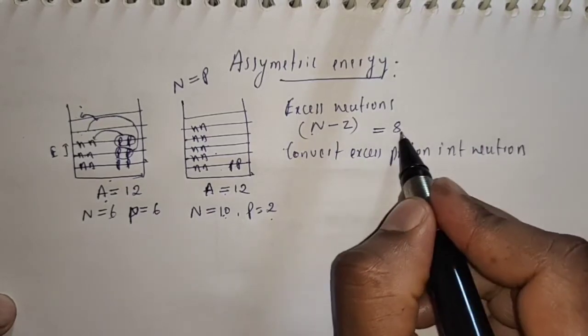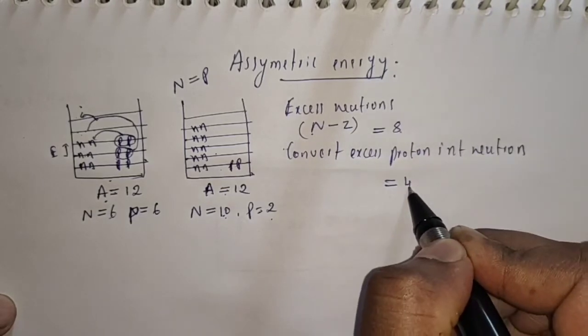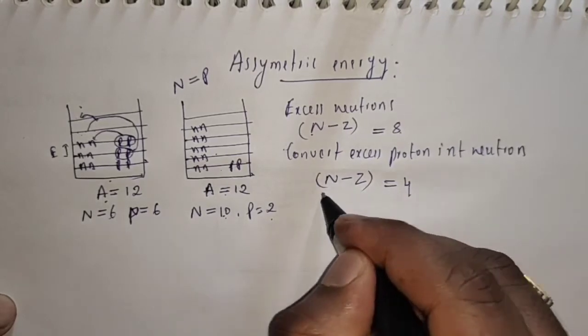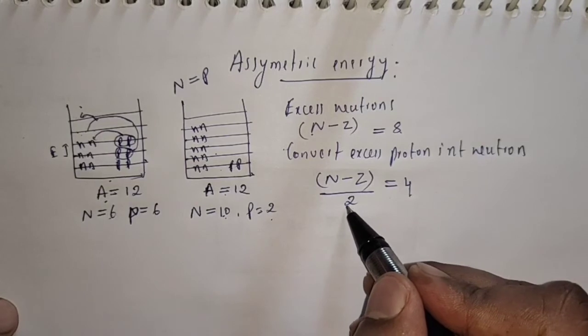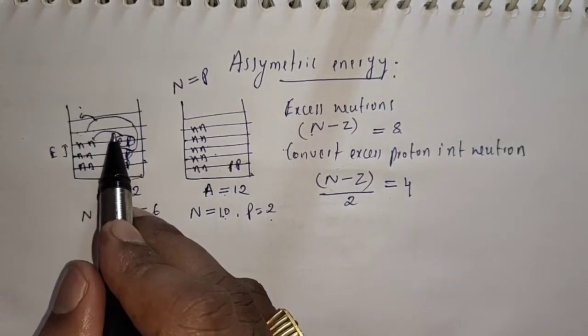Here, using this equation, we can write that we need to convert 4 protons into neutrons. So we can write it from this equation as (N minus Z) divided by 2. This is the number of excess neutrons which are required to be created in this nucleus.